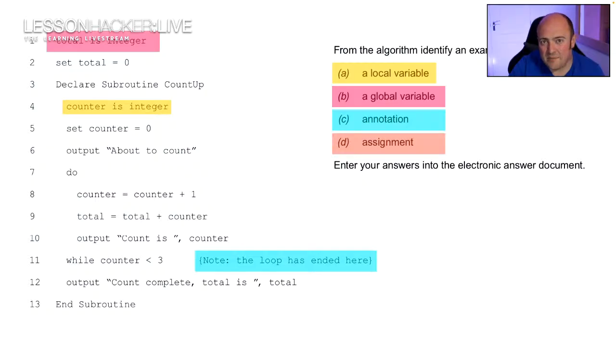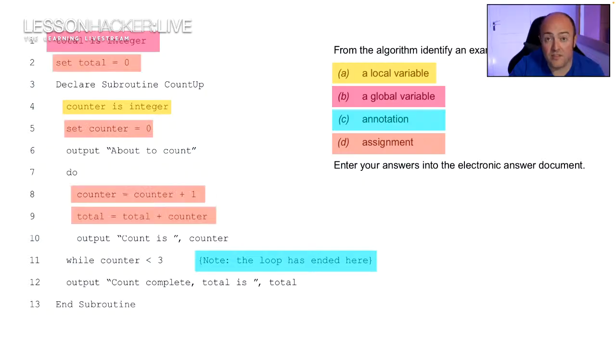Assignment is making something worth something else, so something equals something. There's a bunch of them. You could have picked any of them. Most people that have attempted that question got about half marks and got a bit confused on the assignment. Everything else was all right, usually, just having a bit of a guess there.